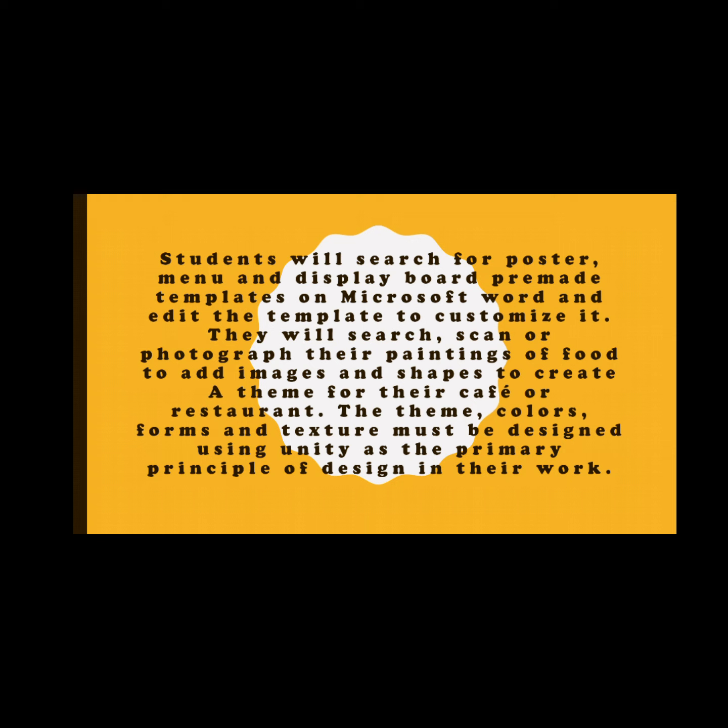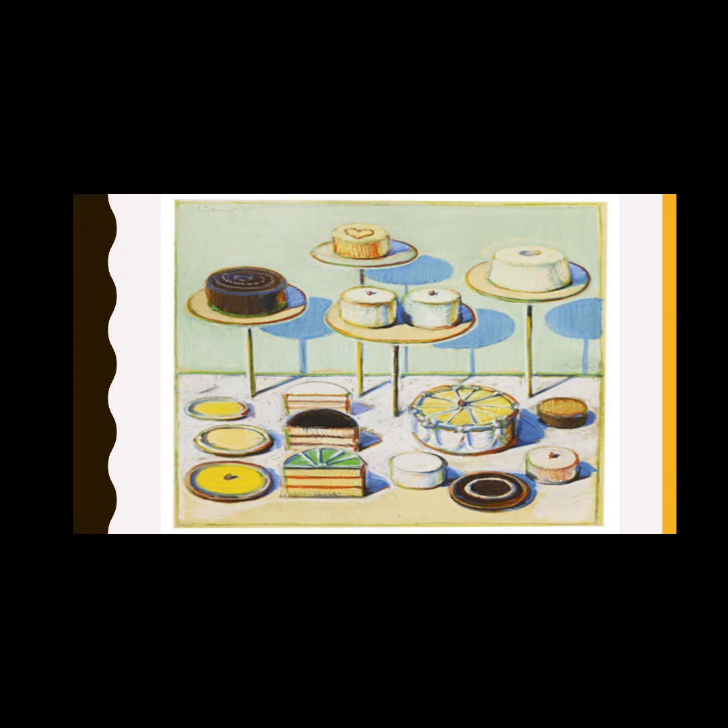We're still focusing on unity because creating unity takes a lot of things in the back end. I'm very sure you girls are very familiar with it and you will create great works of this.